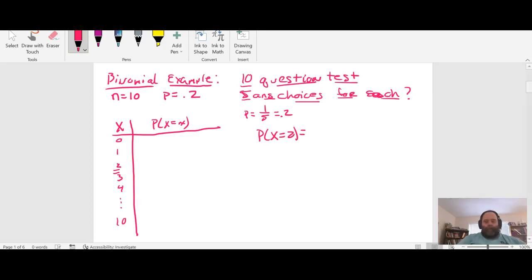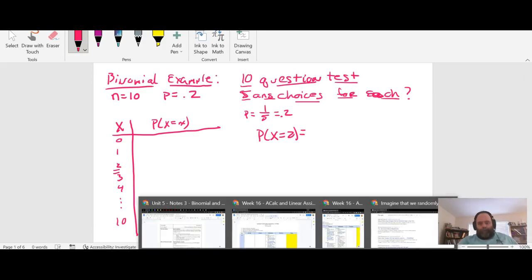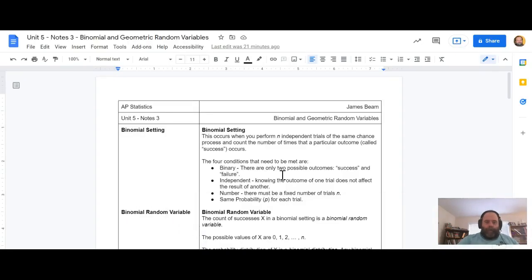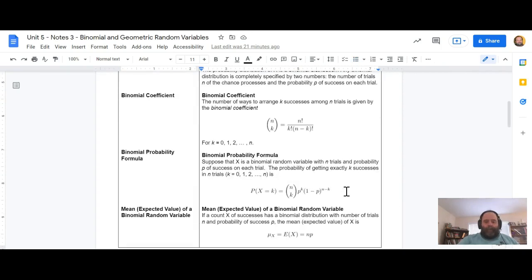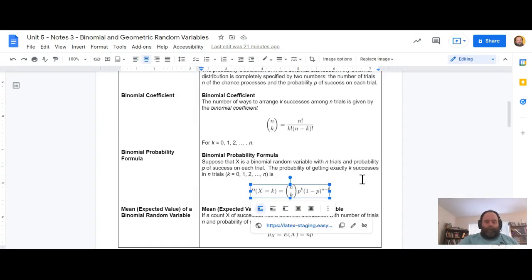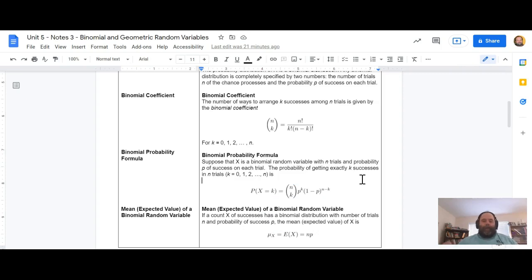If I go over to the notes and scroll down a little bit, it tells me that it's this crazy formula. The probability of x being 2 is n choose 2 times p to the 2 times 1 minus p to the 8th, because that's 10 minus 2.